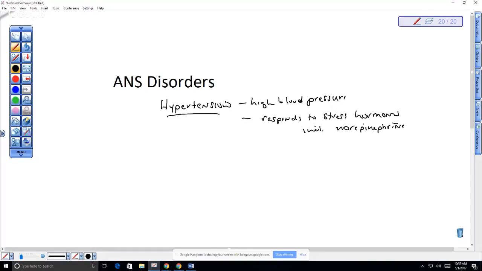So hypertension would be an autonomic nervous system disorder because the sympathetic nervous system is causing vasoconstriction, which increases blood pressure. Right? So vasoconstriction increases blood pressure.